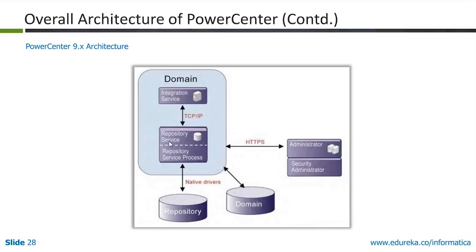So the Informatica server or node needs to communicate with the domain, or the domain needs to communicate with the domain repository, to get the relevant information. Suppose you are logging into an Informatica server. That particular username has some set of privileges.